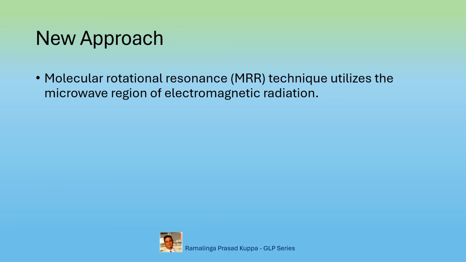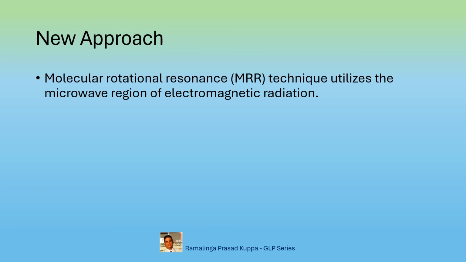Molecular rotational resonance (MRR) technique utilizes the microwave region of electromagnetic radiation. Microwave range of electromagnetic waves is with wavelengths ranging from 1 millimeter to 1 meter or frequencies between 300 MHz and 300 GHz.